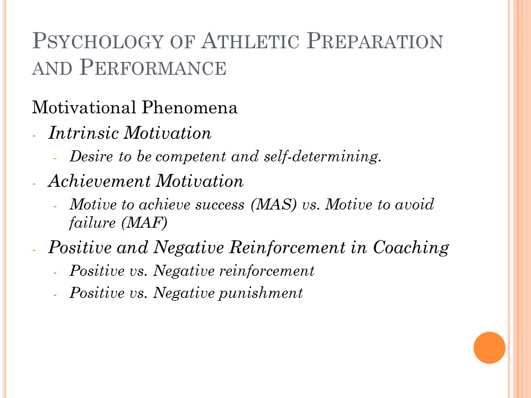Then you have a different style of motivation, achievement motivation, and there's two types of categories that an athlete would fall into. Either that athlete wants to achieve success, and that's why they're motivated, or the athlete wants to avoid failure. So it's about 50-50, this breakdown in athletes.